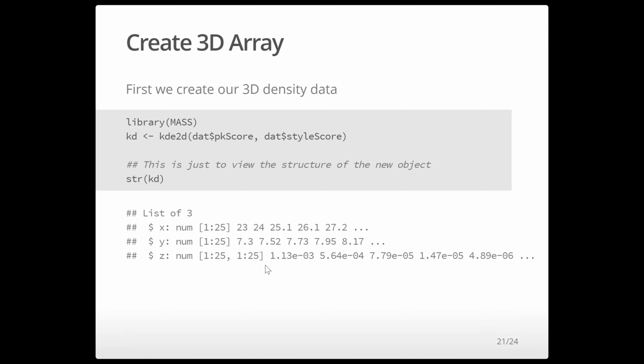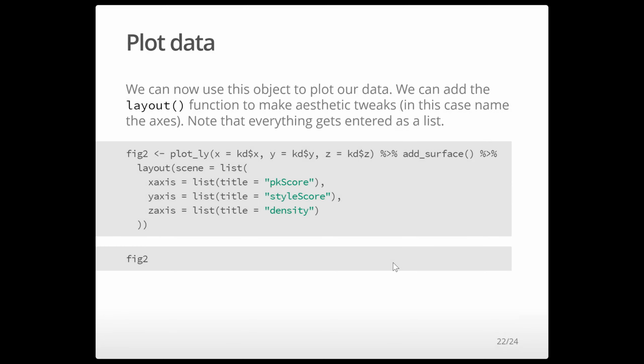So it's a 25 by 25 matrix where the rows are associated with these X values and the columns are associated with these Y values. Once we have this, we can plot it. We use this object to plot our data. So X is the X variable from the KD object, Y is the Y variable from the KD object, and then Z is the Z matrix. So these are the densities.